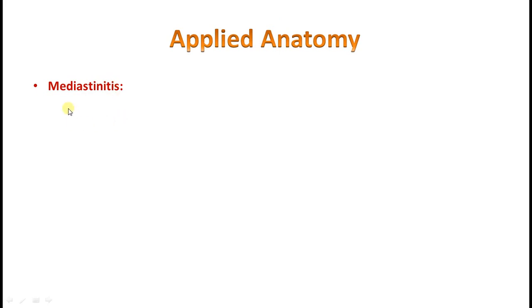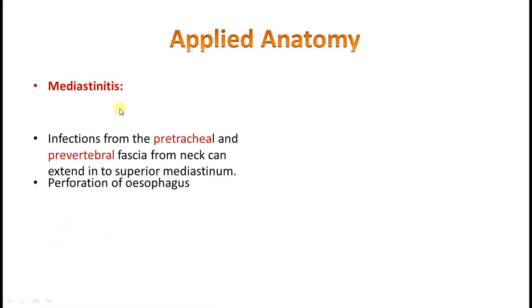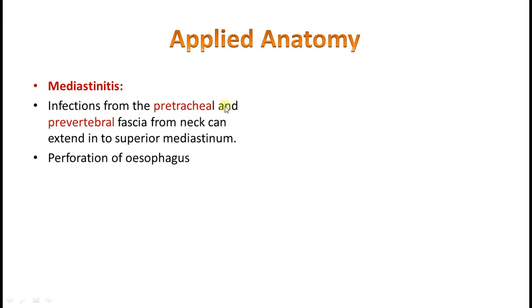So any infection of the mediastinum is actually called mediastinitis. It may come from the pretracheal and prevertebral fascia, and it may track down into your superior mediastinum, or sometimes from perforation of the esophagus. If the esophagus is eroded due to esophagitis, in extreme cases the posterior wall of the esophagus might get perforated and bleeding might take place, and that also might enter into the superior mediastinum or the posterior mediastinum.